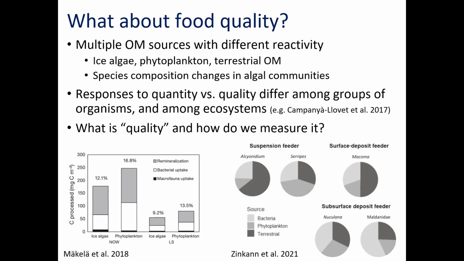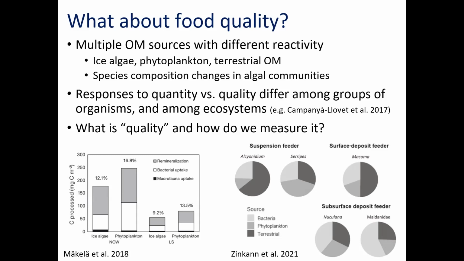So my general question, I guess, is what constitutes quality? How do we measure it? What matters for organisms? Certainly there's implications for the geochemistry of that material as well, the reactivity of that material.